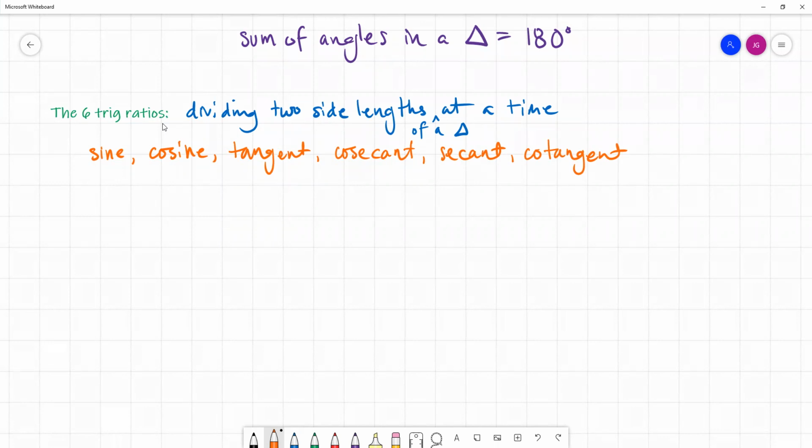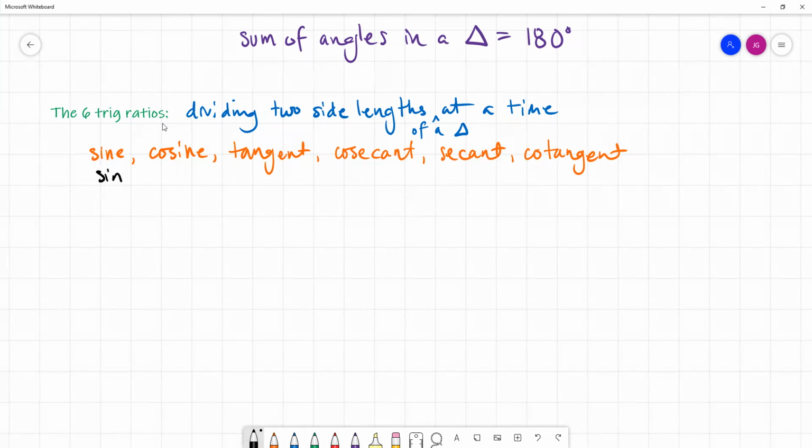And so now the idea is that these are actually going to be functions of theta. Okay, so based on where I put theta, when I take these functions and plug in theta, then I get those ratios, okay? So here's how it all relates, okay? And so I can actually abbreviate all of these, and you're gonna wanna make sure you link the abbreviations to them because we're gonna use the abbreviations a lot more.